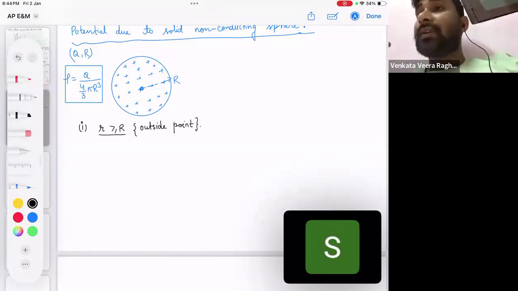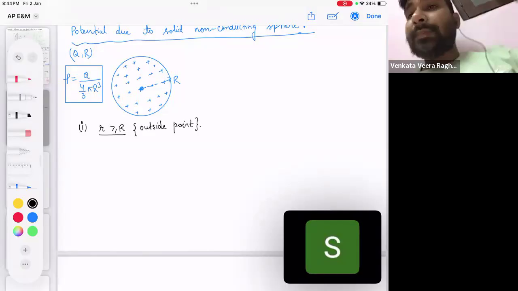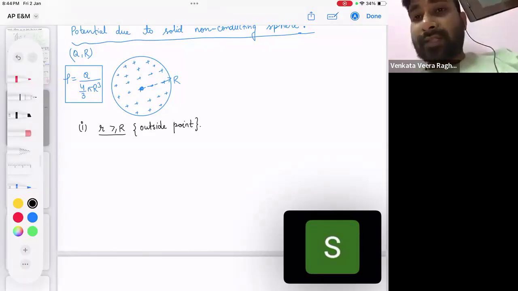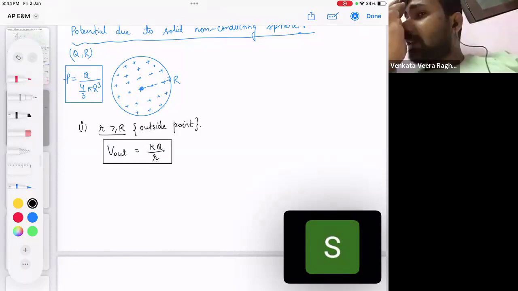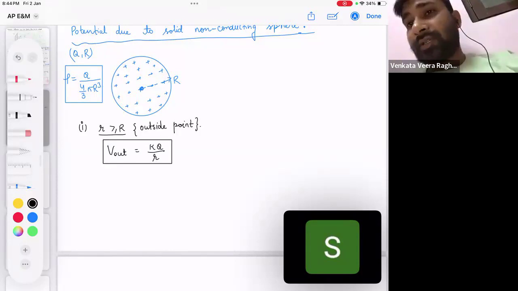Now you see, outside the sphere, the charge distribution acts just like a point charge kept at the center. So what is the potential outside? The outside potential is still kQ by small r, where small r is the distance from the center to that outside point.